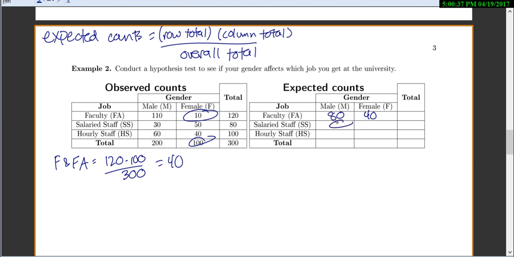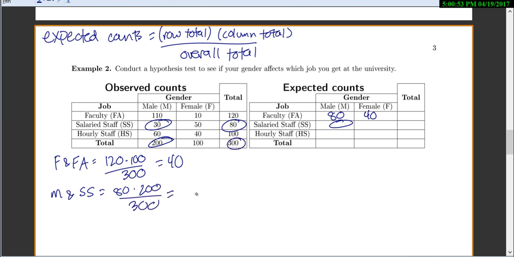Okay, let's try this spot for males and salaried staff. Looks like our row total is 80, our column total is 200, and our grand total is 300. This gives me 53.3. So we'd expect 53.3 males that are salaried staff.